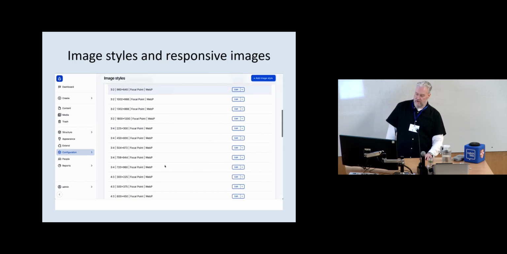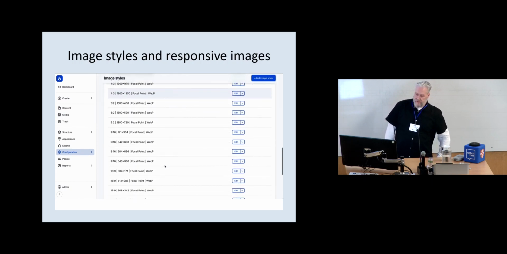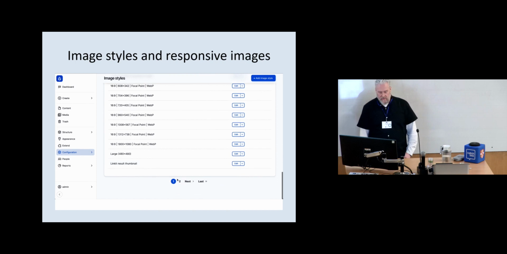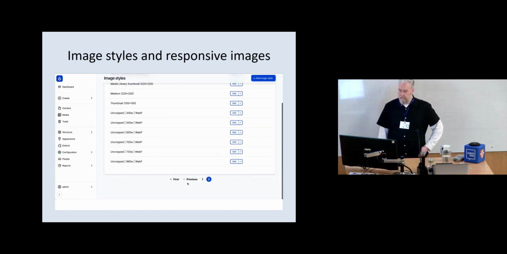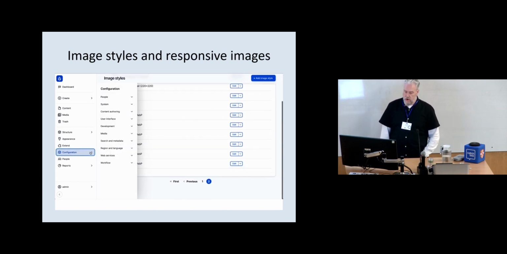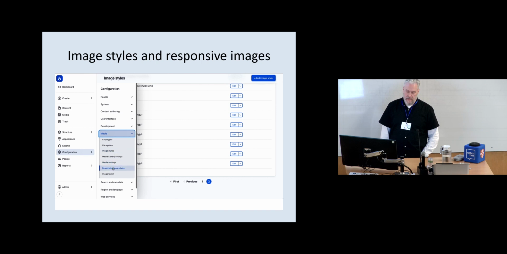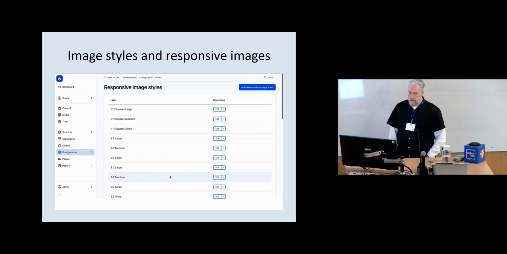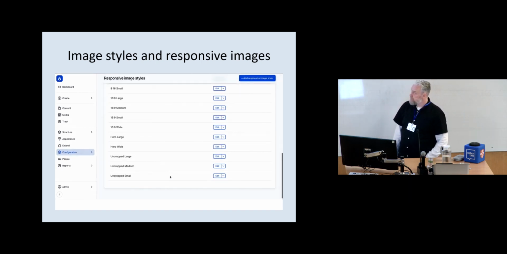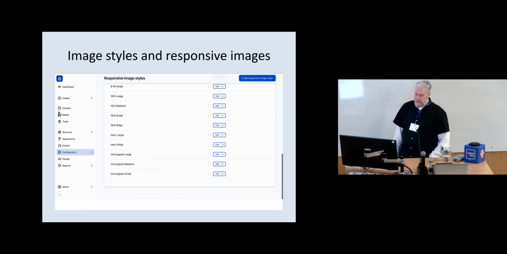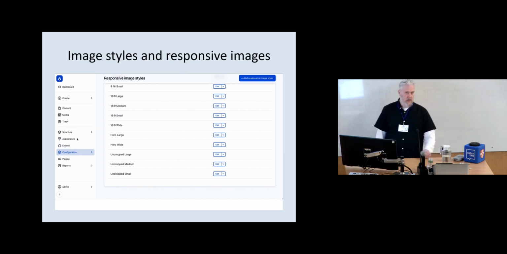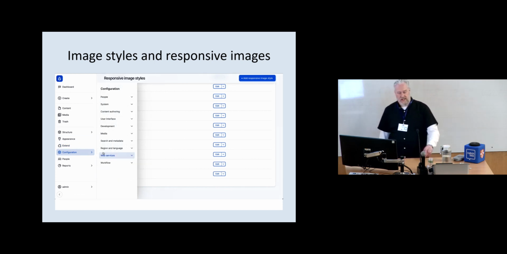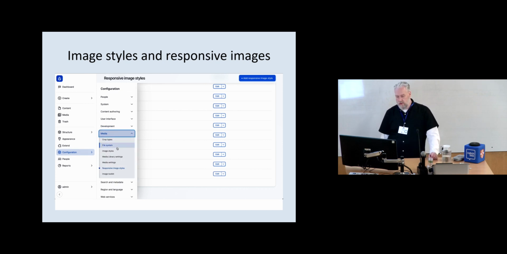You've got a lot of resolutions, different aspect ratios, and these are all available to the content editor. So whatever size they want, they can choose that in their editor, and we've got responsive images as well. So it means that the breakpoints that are already set up, those images should all respond nicely.